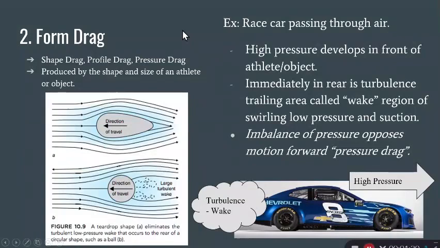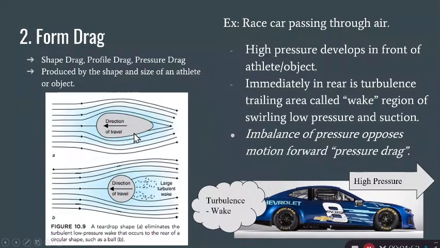Second kind of drag would be a form drag, okay? And what a form drag means is what is the shape of the object that is moving through the fluid, okay? So the shape determines how much form drag we experience. Now, let's take a look at this picture on the left here, okay? Depending on what the shape is, it changes how the air flows past the object.